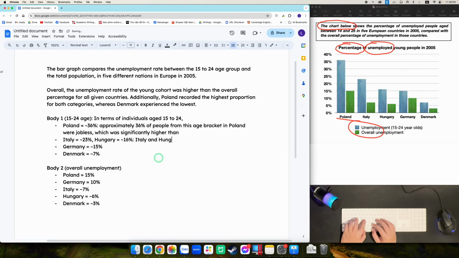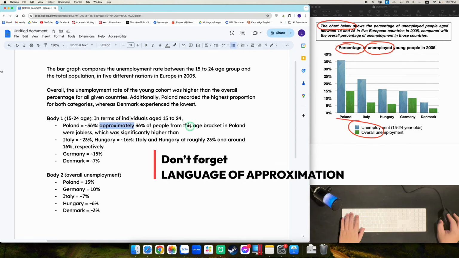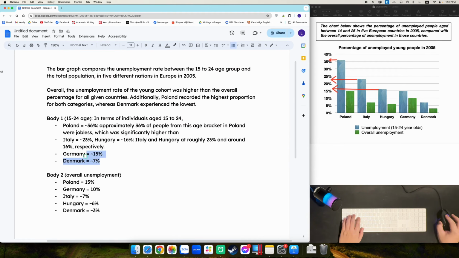Italy and Hungary at roughly 23% and around 16%, respectively. And never forget about language of approximation. Approximately, roughly, around. If the data is not exactly placed on the line, then you'll have to use language of approximation. Now for these 2, I'll just simply use the while structure.